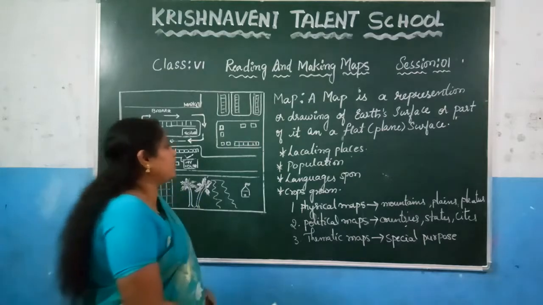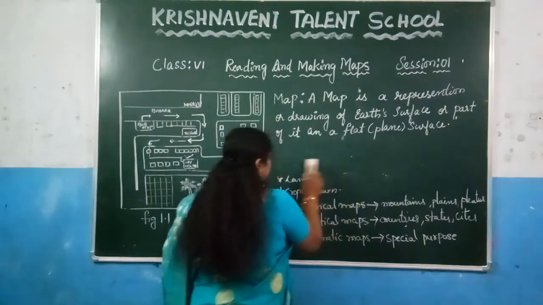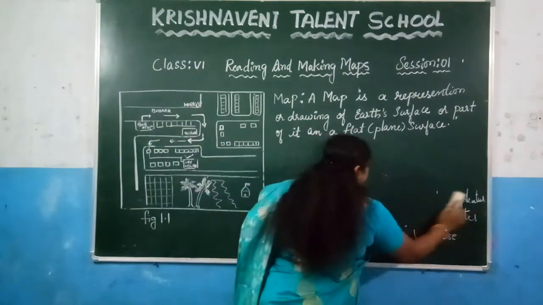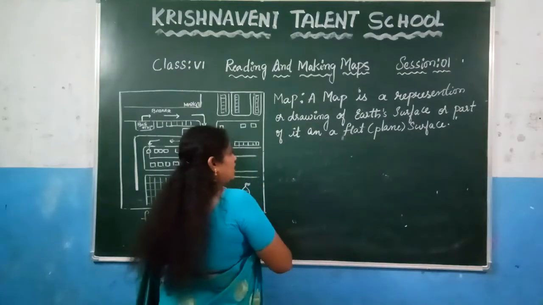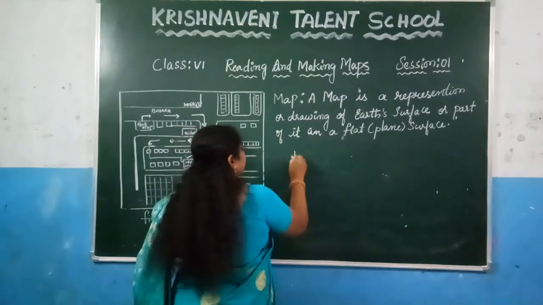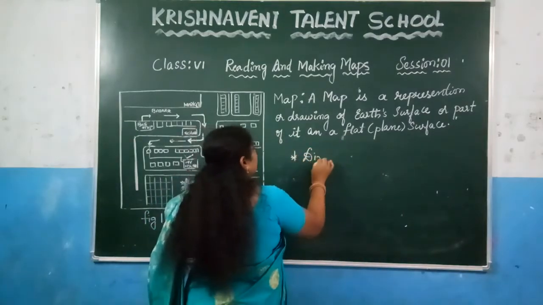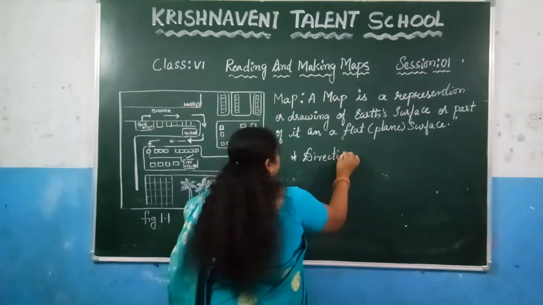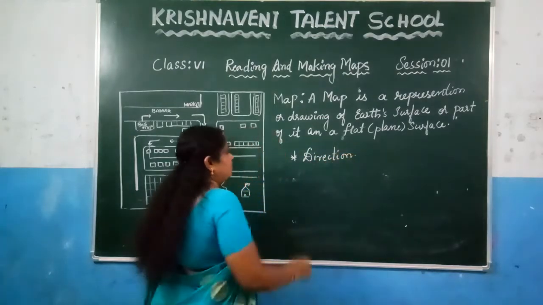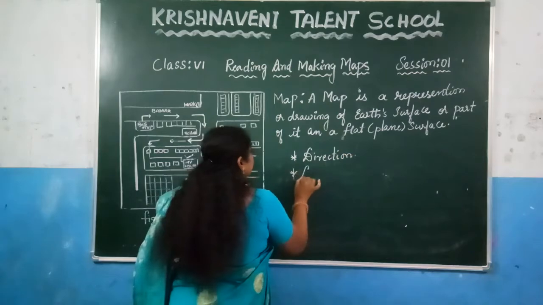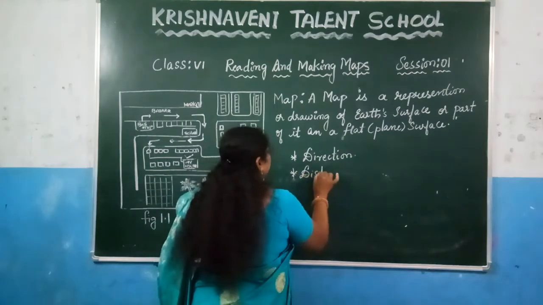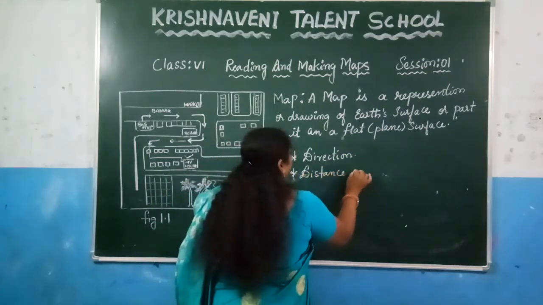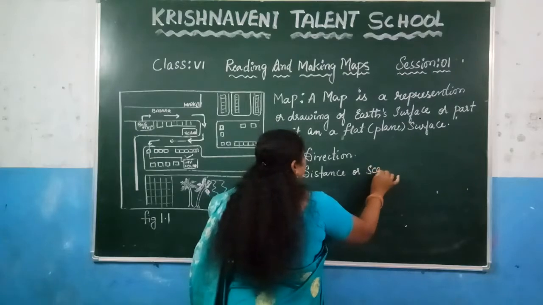So the most important things in making of maps are, first one, directions. Second comes distance or scale.